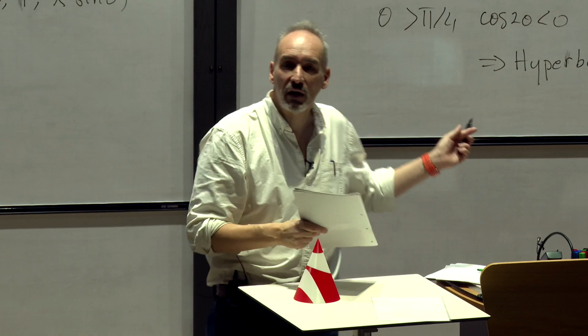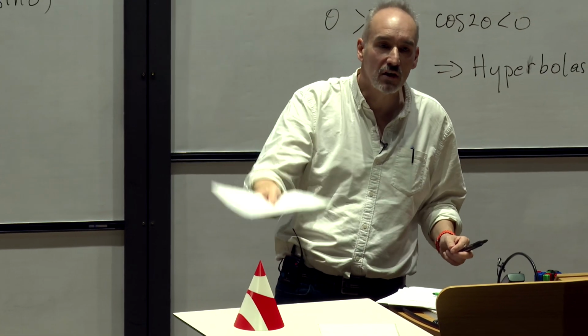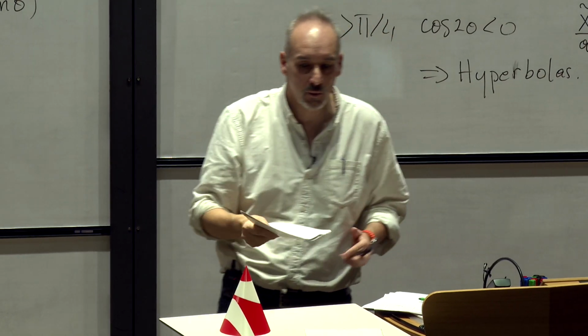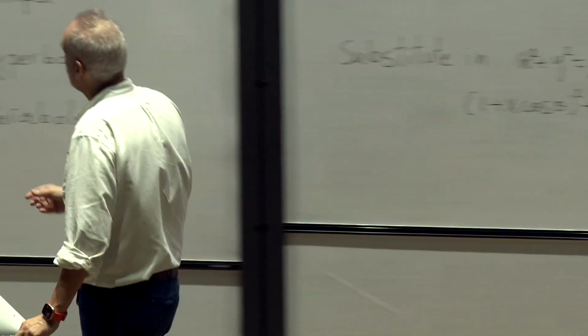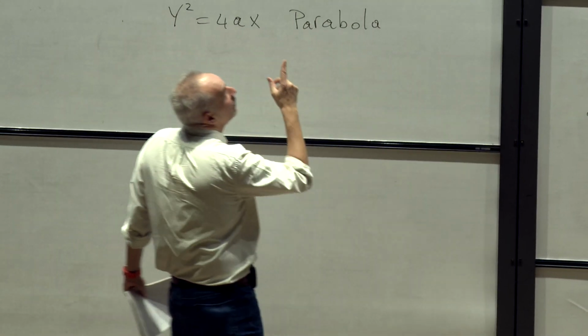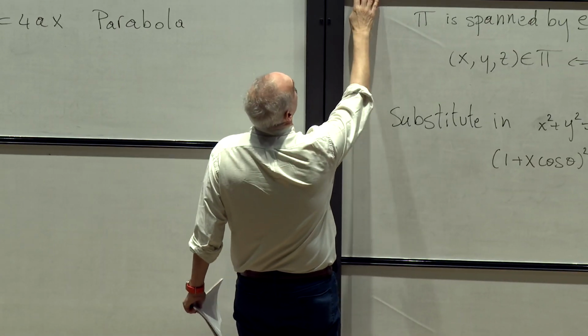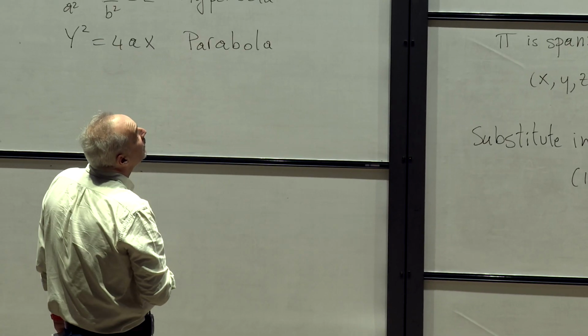But all the other ones can be mapped to that one, up to a translation in x, y, z. You can map all the cases. So that finishes that part: the sections of a cone are really the conics, defined by 2.